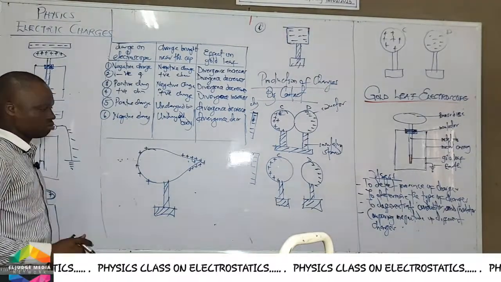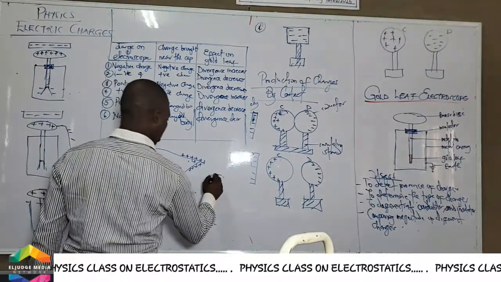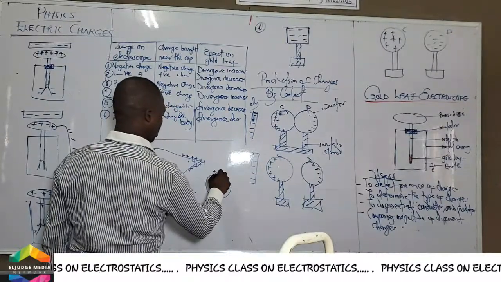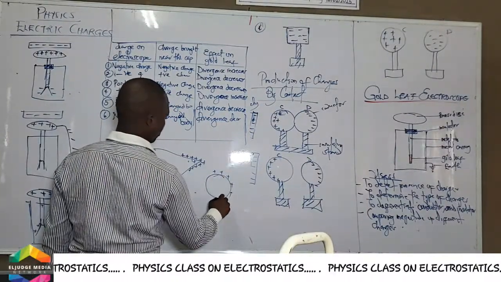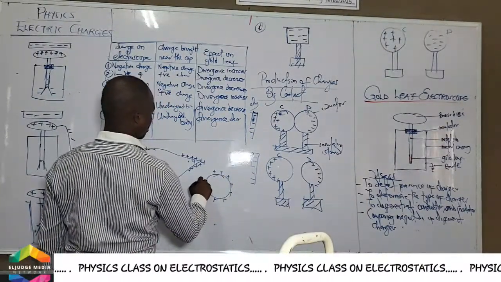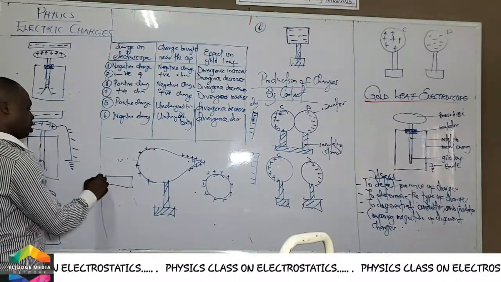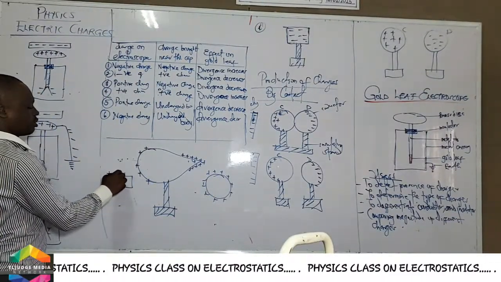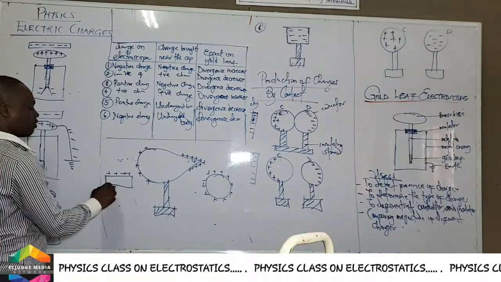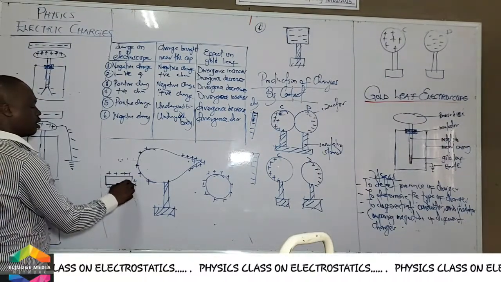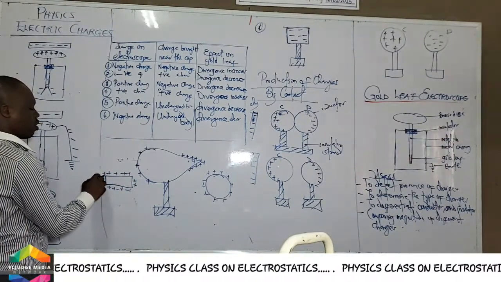If you have a circular shape, the charges are spread around equally, an even distribution of charges. If you have a rectangular shape, you have a distribution of charges on all the surfaces, but at the corners you have more.